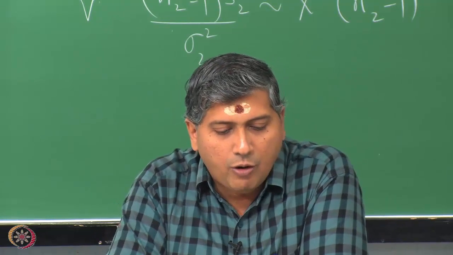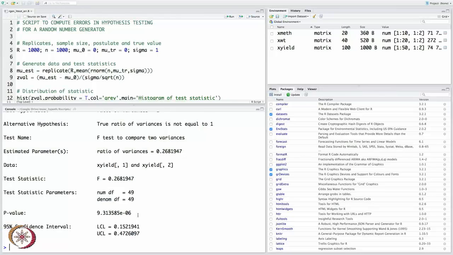Now, we can also use a confidence interval way of testing this hypothesis. The lower and the upper confidence limits are given for us, and it does not contain the postulated value, which is 1, which means that there is a 95% chance that the truth is not 1, you can say so.